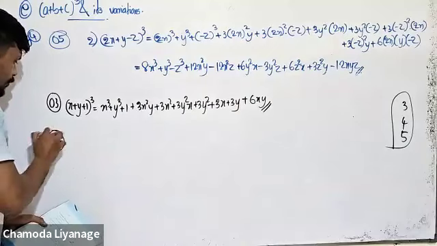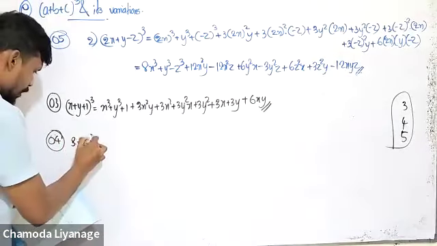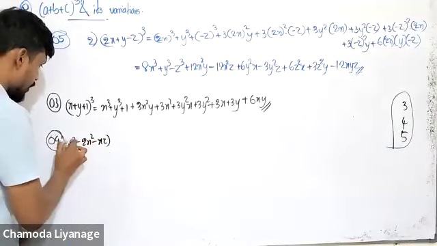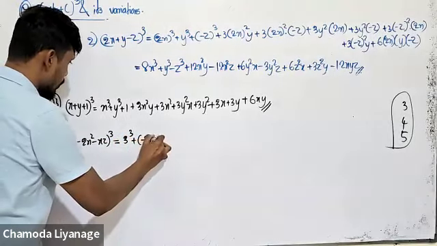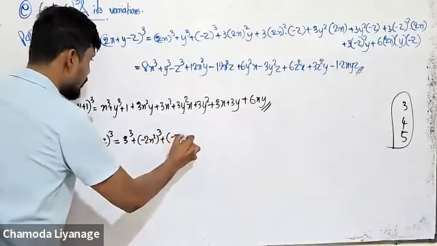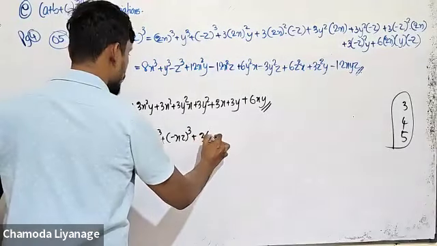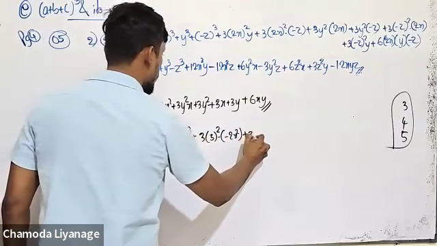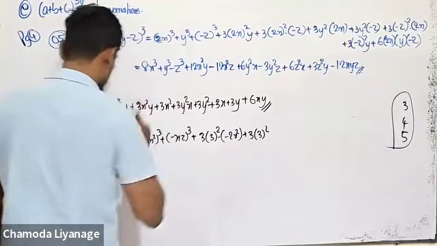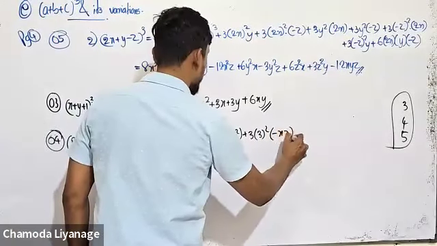Then the fourth one, (3 - 2x squared - xz) cube. 3 cube plus minus 2x squared cube minus xz cube. 3 squared into minus 2x squared. 3 squared into minus xz.